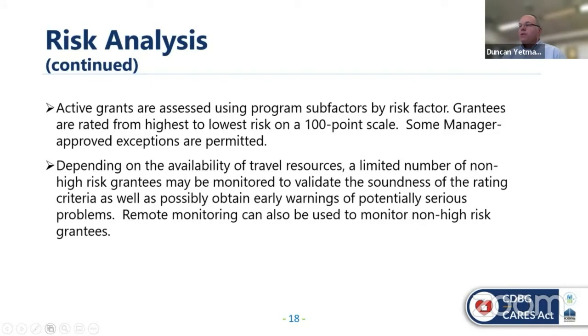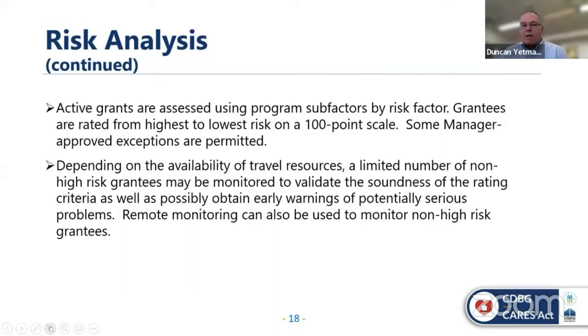So the risk factors are applied to each of your grants, each of your programs, and a 100-point scale is used. And depending upon the availability of travel resources, whether HUD will even be going out and doing on-site monitoring this year, which is a question, HUD may also monitor grantees that do not score near the top of the 100-point scale.